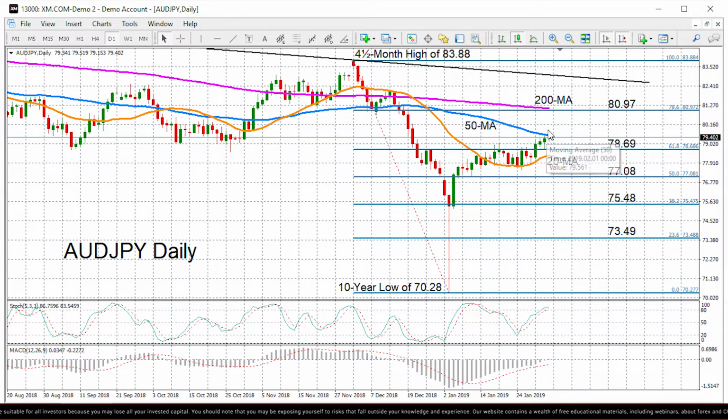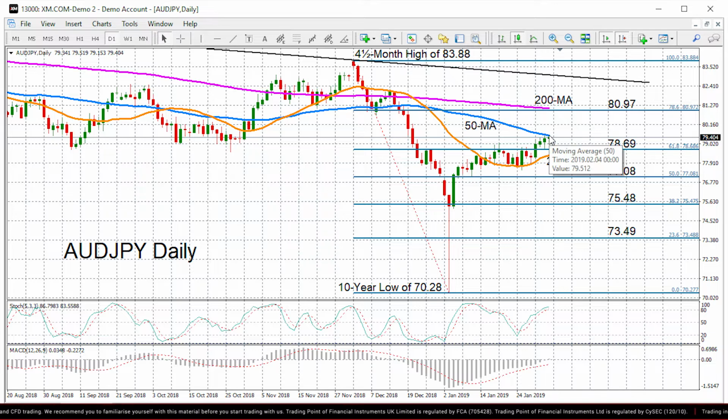We need to see a break above the 50-day moving average in order to see a confirmation of the neutral picture in the medium term, which has only just started to become neutral, having been bearish following that flash crash we saw earlier in January.